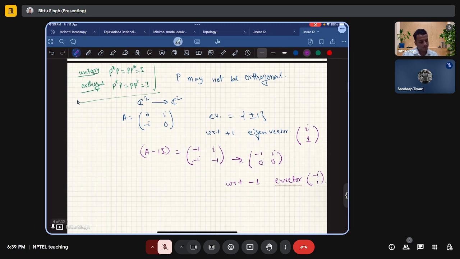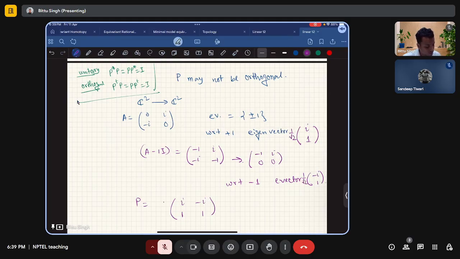Therefore, what is P? P will be i comma 1 as the first eigenvector, and then the second eigenvector minus i comma 1. But we are trying to get a unitary matrix, so we need to divide by the norm, which is 1 by root 2.